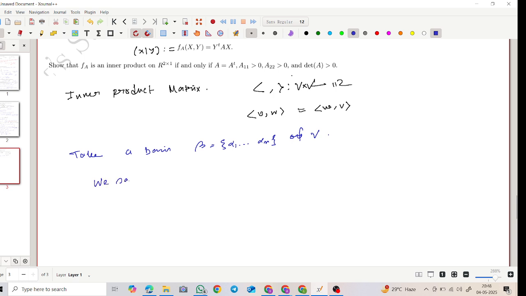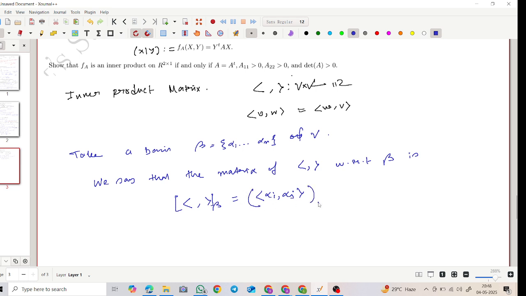We say that the matrix of this with respect to beta, you denote this by that, is nothing but the matrix whose ijth entry is basically the inner product of alpha i and alpha j.